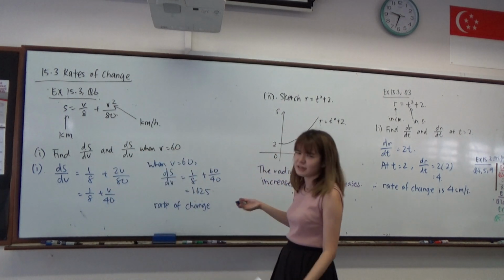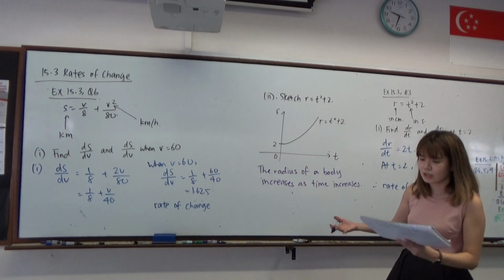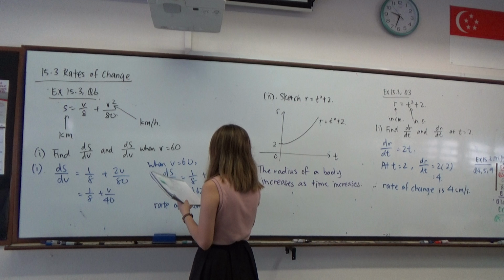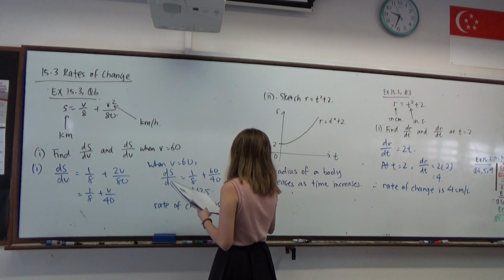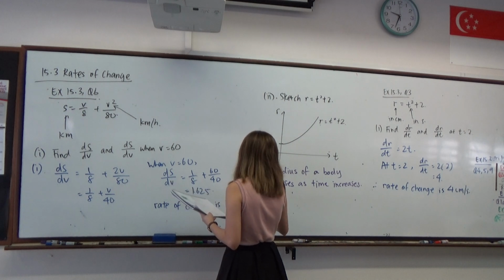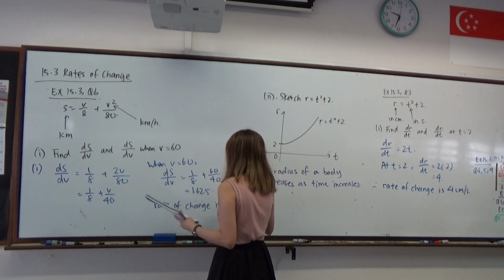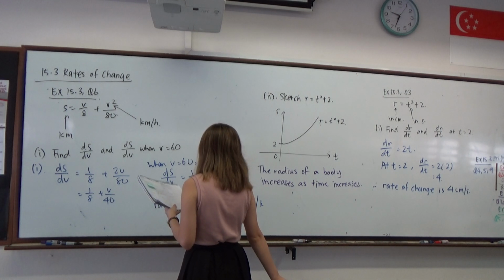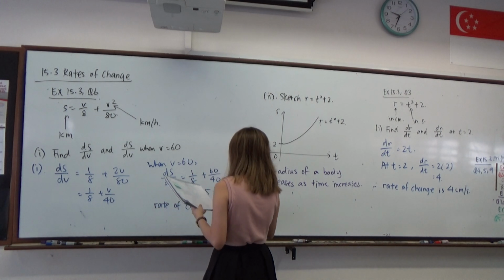So ds over dv is just a rate of change. We just keep to that phrasing, that will be fine. The rate of change is 1.625.